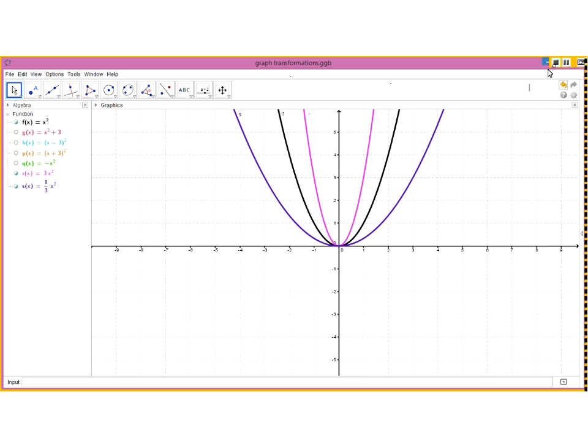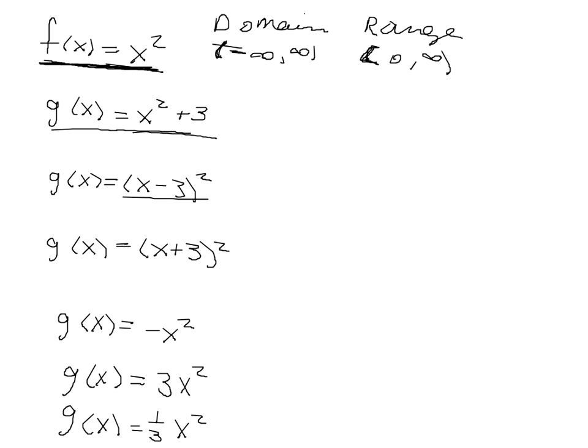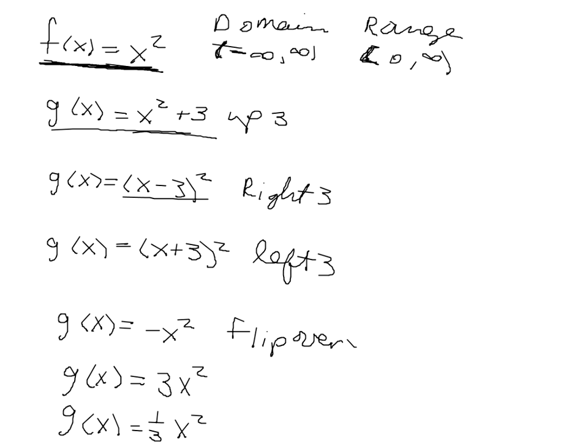Okay, so let's go back to our table, and let's write down what happened to each graph. So this one moved up 3. This one was right 3, left 3, flip over x-axis. This was stretched by 3.